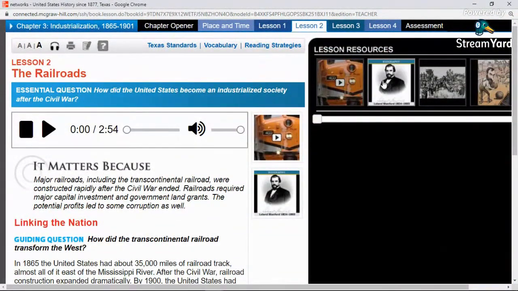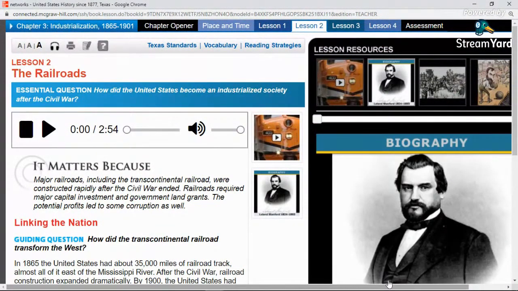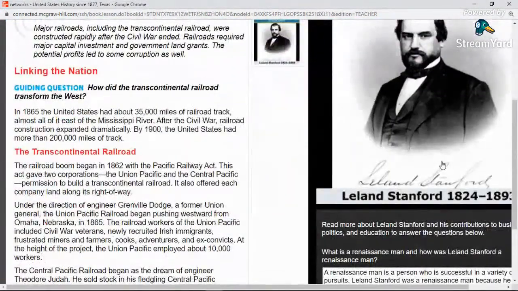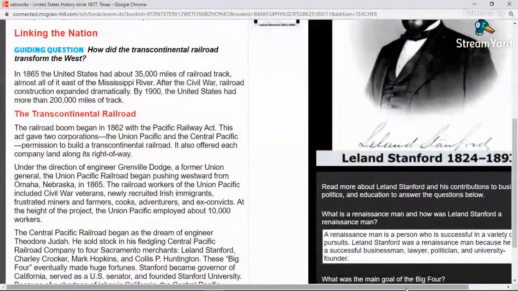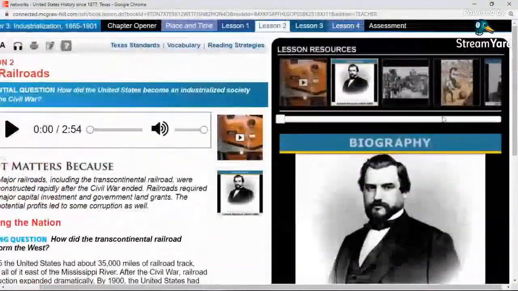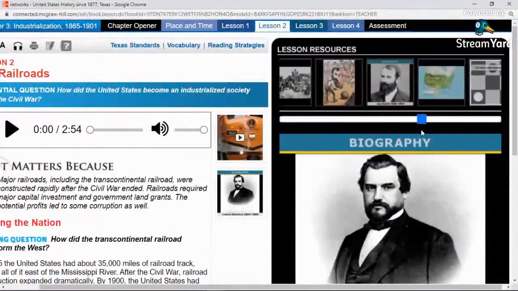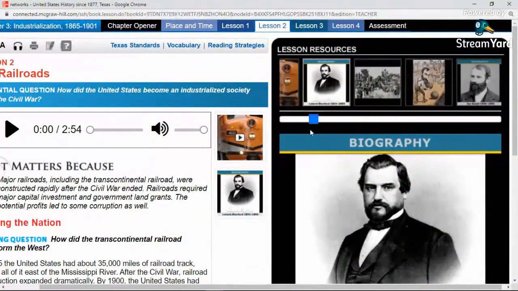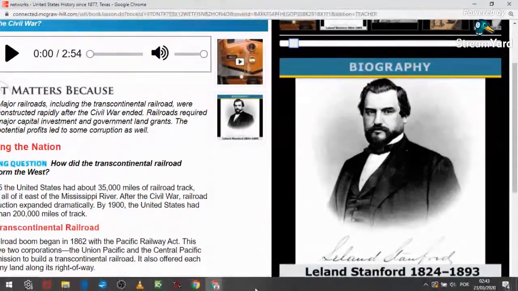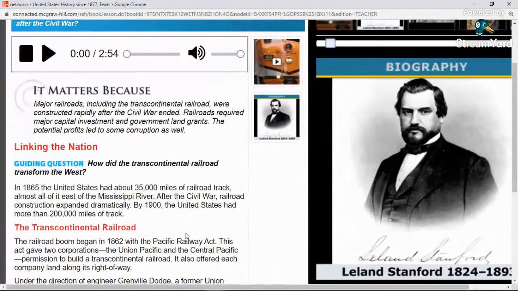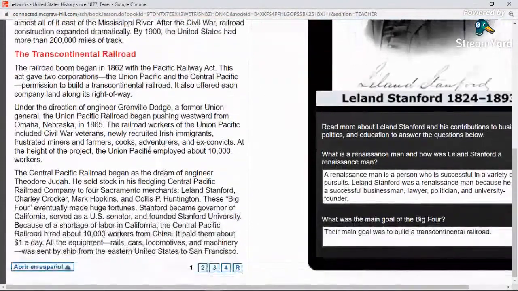I don't think there's a second map here that shows how much of America was under the railroad, but it was a lot. It was a lot. The Transcontinental Railroad. We saw that in the first map. So the railroad boom, there's that word again, the explosion, began with the Pacific Railway Act of 1862.